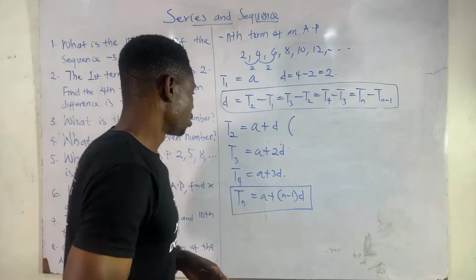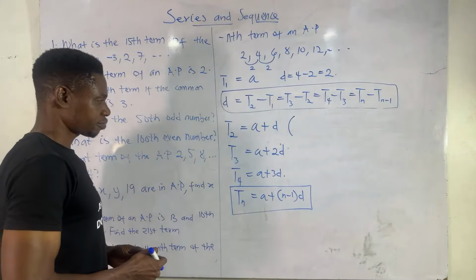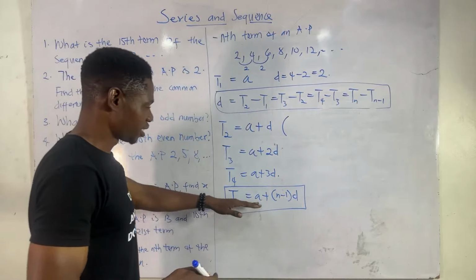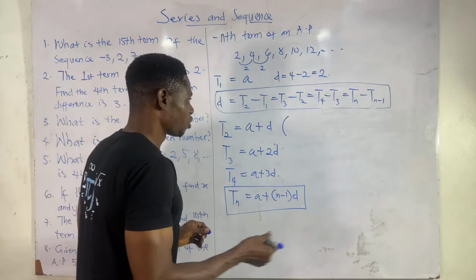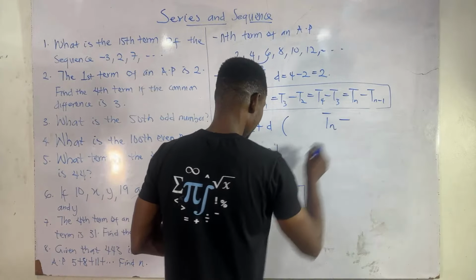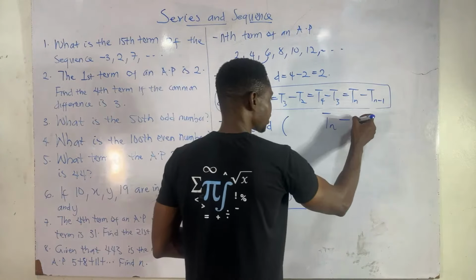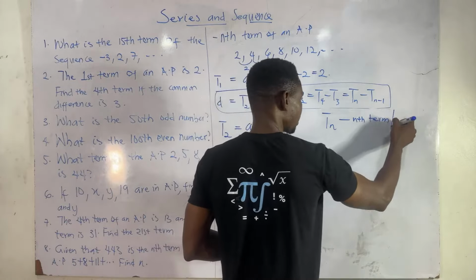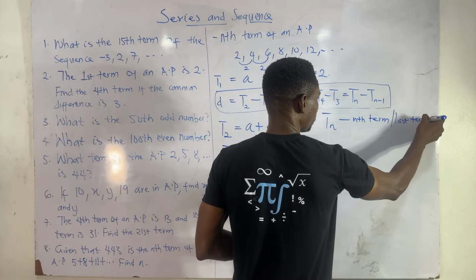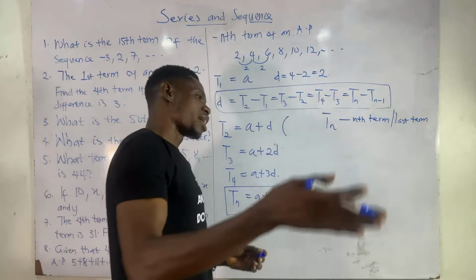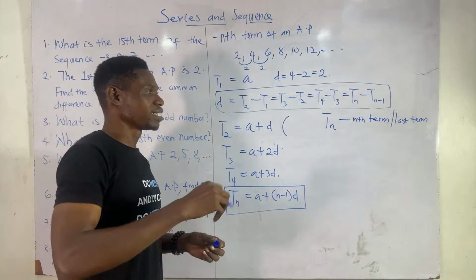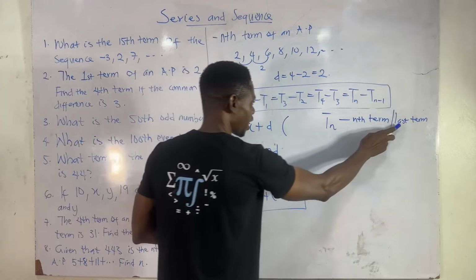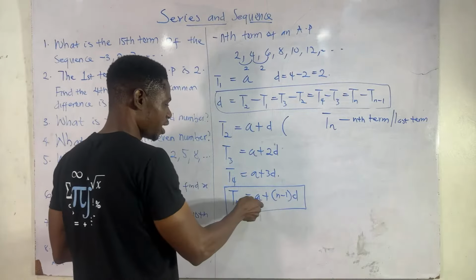You'll be tested on many fronts. But before I start bringing in examples, let's just establish the formula completely. Now, this Tn here is called the nth term or the last term. If I say find the 10th term, we are stopping at 10, right? That's also the last term. So this Tn is the nth term or the last term. Now, what is A?